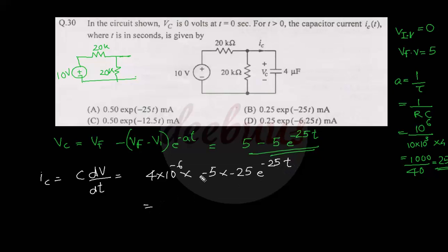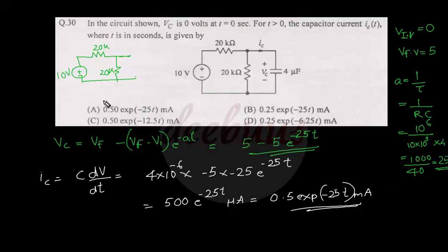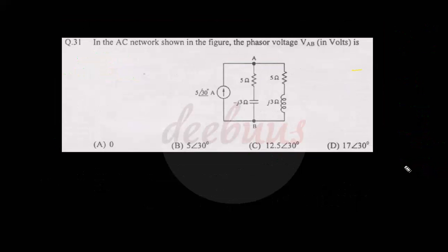That is 4 into 5, 20. 20 into 25, that is 500. 500 e raised to minus 25t microampere, or equal to 0.5 e raised to minus 25t milliampere. So checking the options, the answer is A.